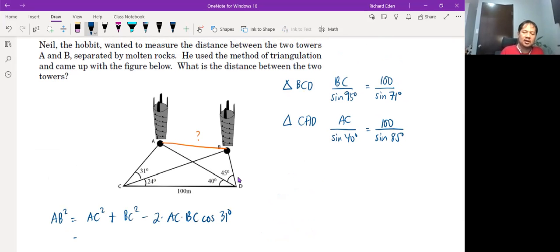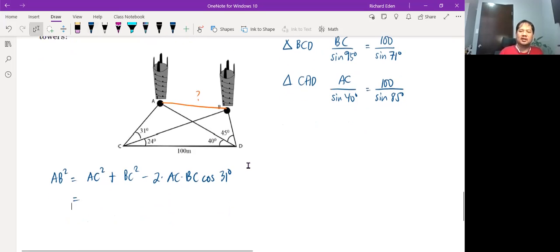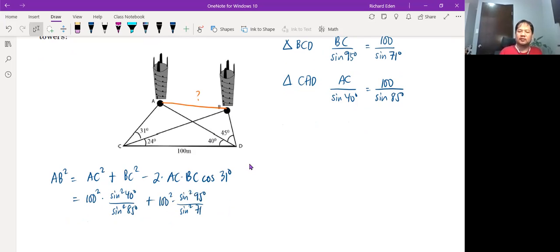Now from the two equations we put on the side, if you solve for AC in the second and then square it, you're going to have 100 squared and then sine squared 40 degrees over sine squared 85 degrees. BC squared is 100 squared sine squared of 95 degrees over sine squared 71 degrees minus double.